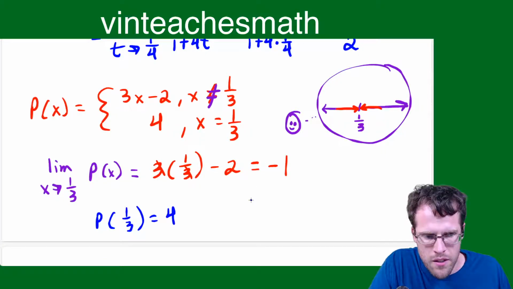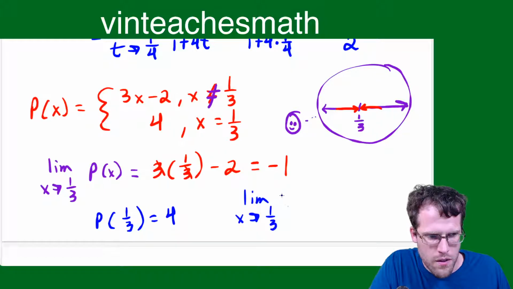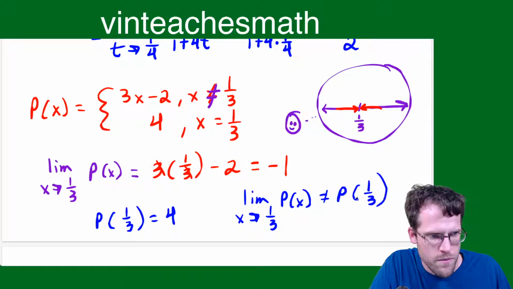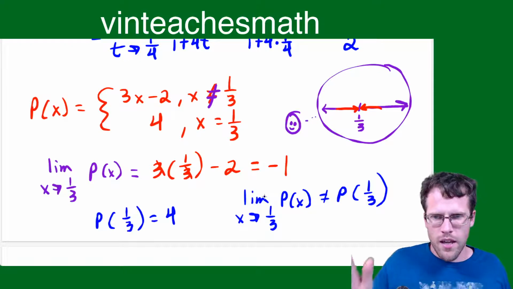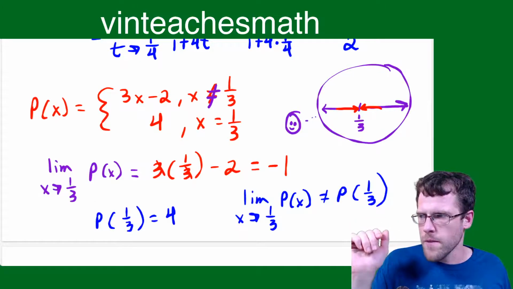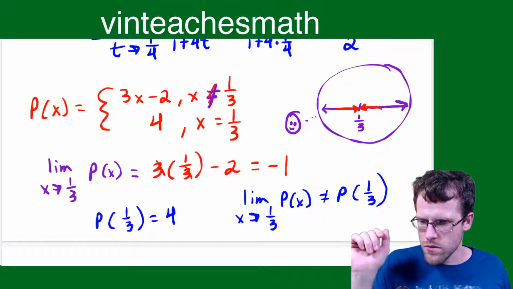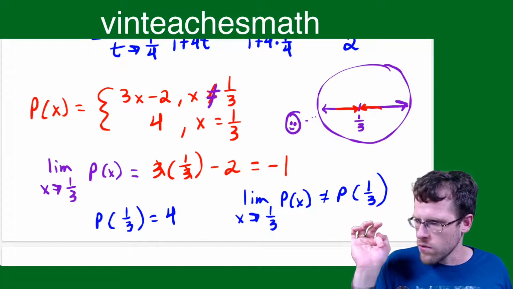The reason is that the limit as x approaches 1/3 of p of x is not equal to p of 1/3. This is the definition of continuity, specifically at x equals 1/3, and that tells us our function is not continuous there. Something to pay attention to.